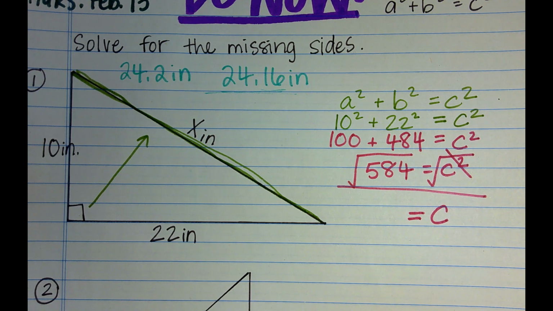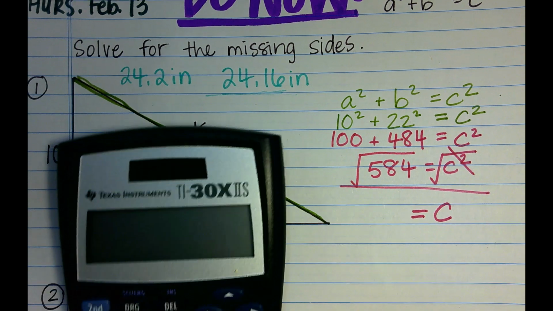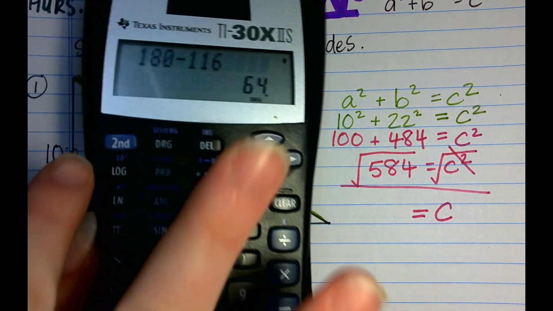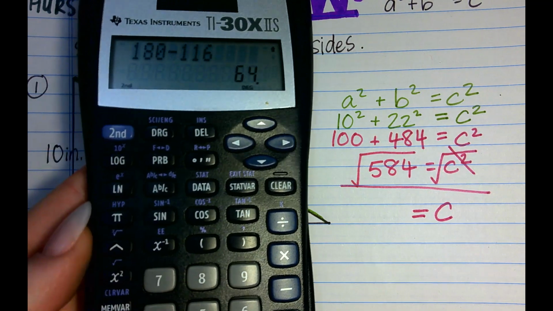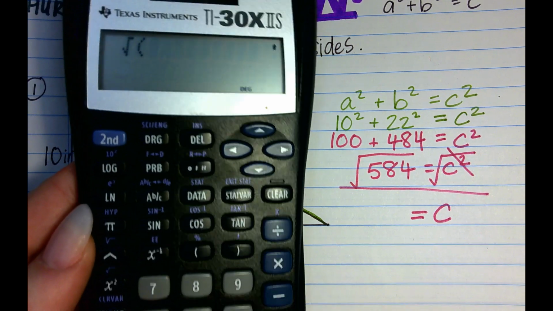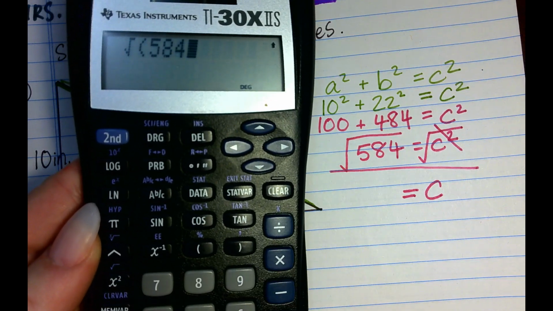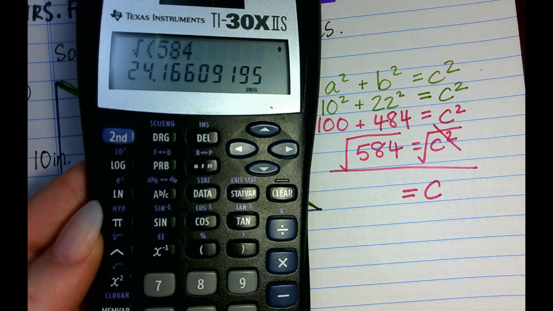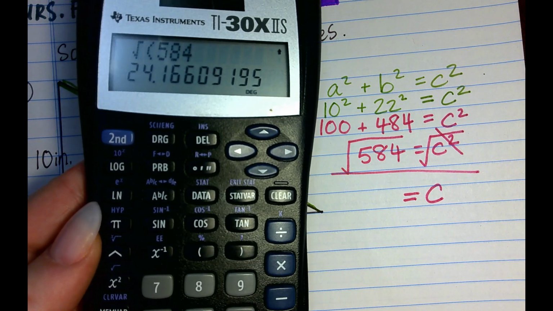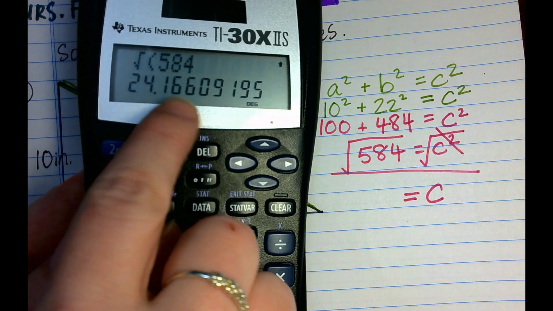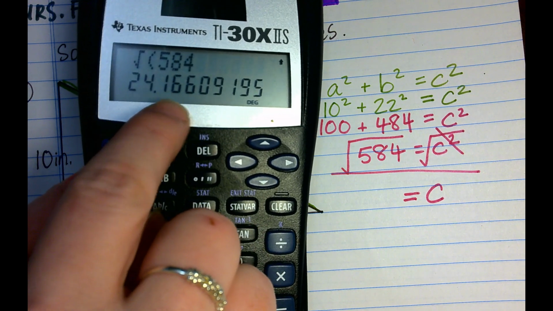24.16. Very nice. And here I'll go through how we type that in again just in case. I'm going to use that second button, the x squared button, and there's our square root. 584, enter. 24.166. That means 17.